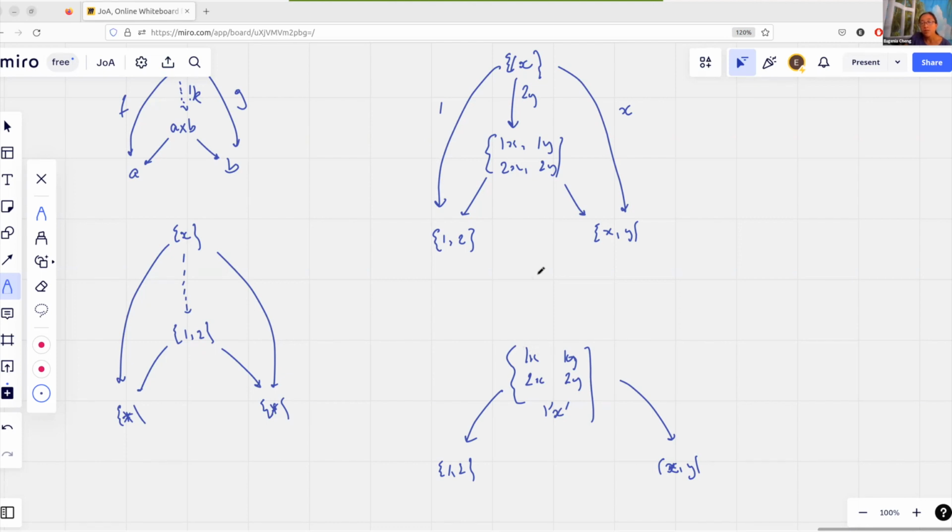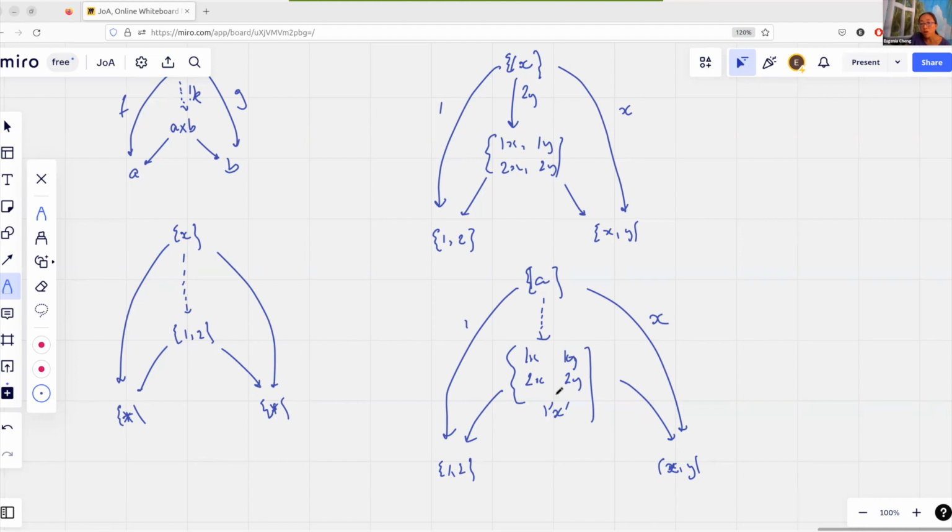So now, no matter what set I have up here, I can have a single element here. If this goes to 1 on that side and to x on this side, then there are two possible things I can do here. According to the ordinary product, this factorization should have sent it to 1x, which will send it to 1 and to x.